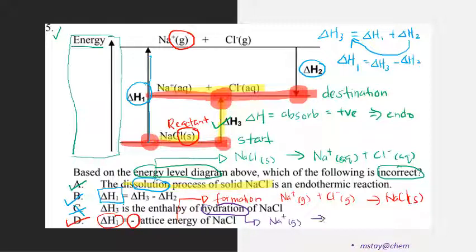Once gaseous ions are hydrated in water, you will get the aqueous ions. In this case, gaseous ions become aqueous ions, which is delta H2. So to correct this, delta H2 is the enthalpy of hydration.